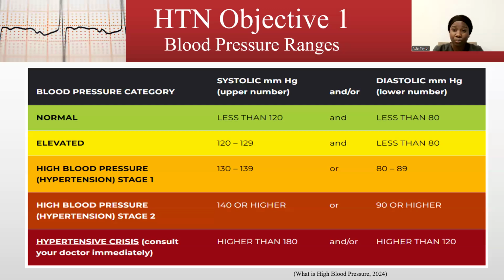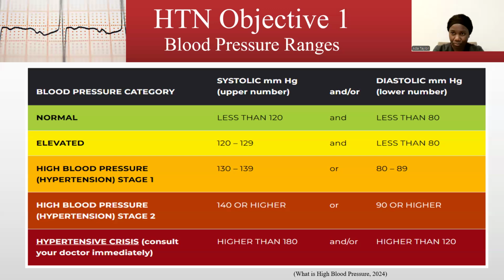Now, the high blood pressure diagnosis, when you are officially diagnosed with high blood pressure, that means that your blood pressure runs 140 or higher for the systolic, or 90 or higher for the diastolic. This is stage 2 in the category.